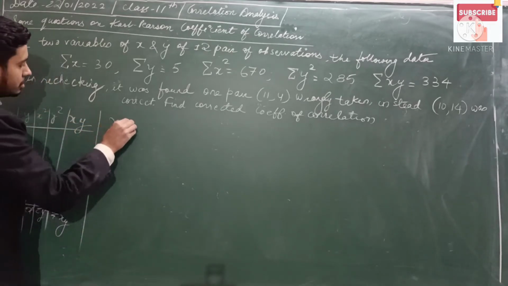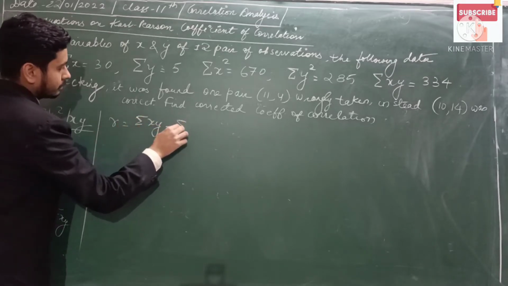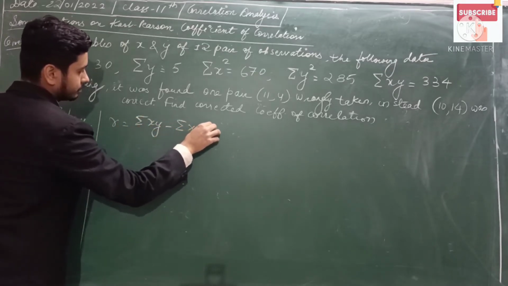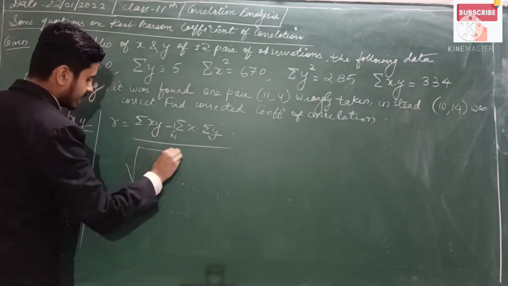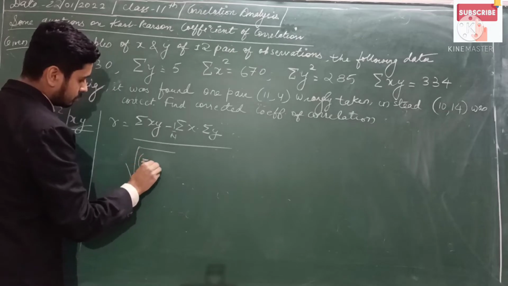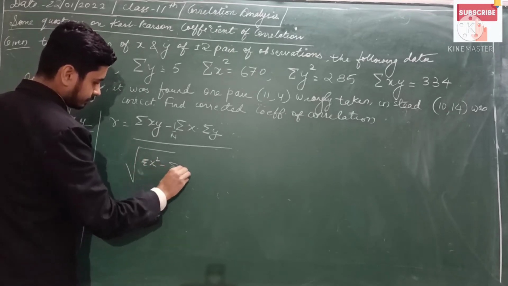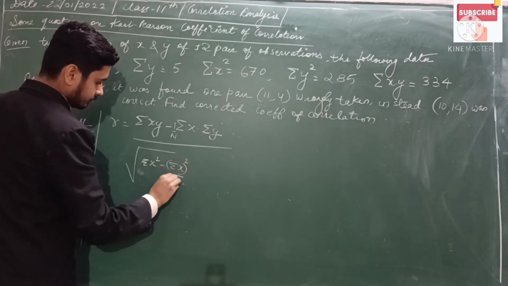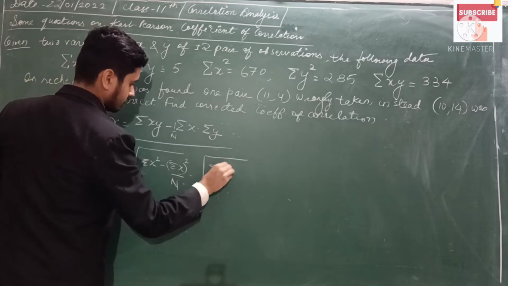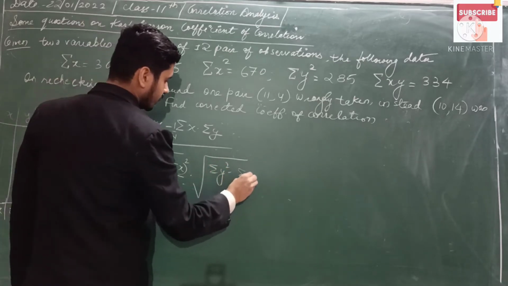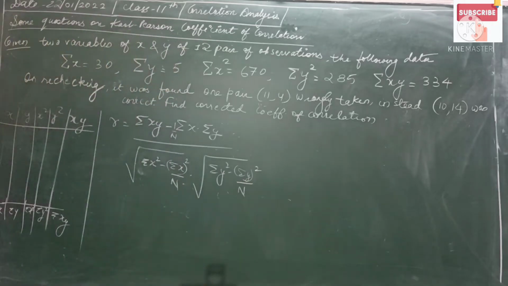See, as we know, this is the formula for Karl Pearson's coefficient of correlation.